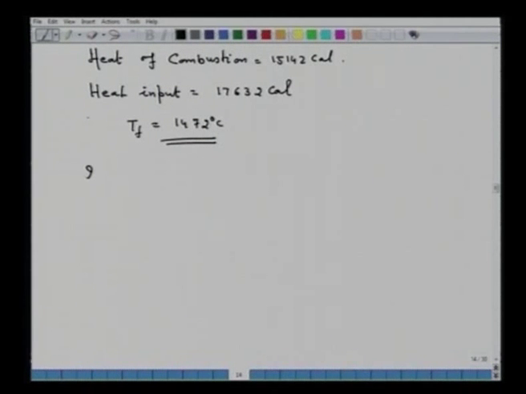Now, if I use Cp is equal to A plus 2Bt plus C by T square also, then Tf will be approximately around 1440 degrees Celsius. So, this you can calculate yourself and see that you can calculate the adiabatic flame temperature for any other case. Thank you.